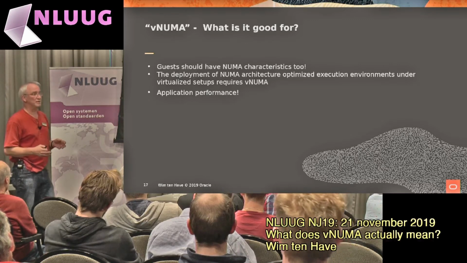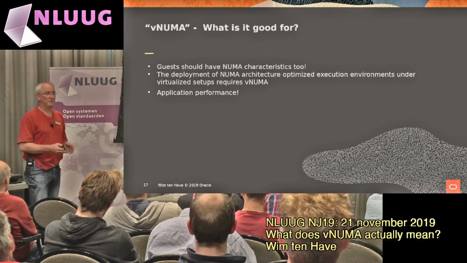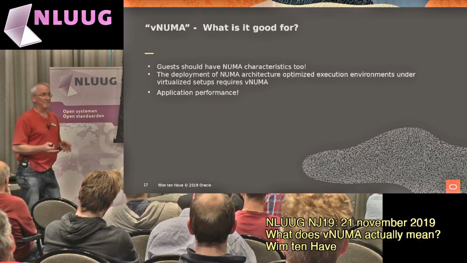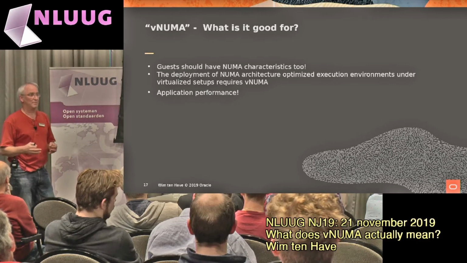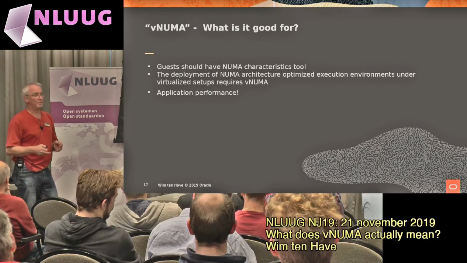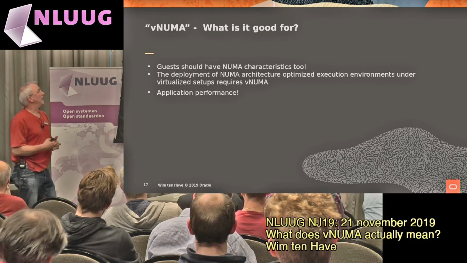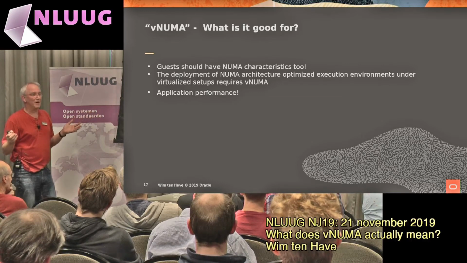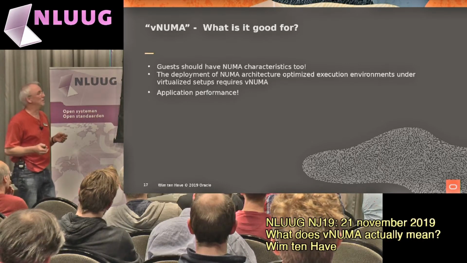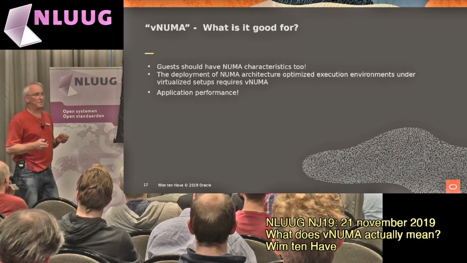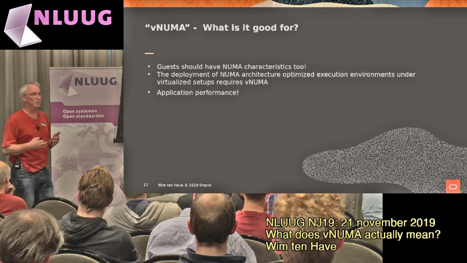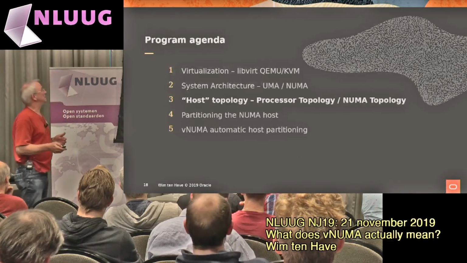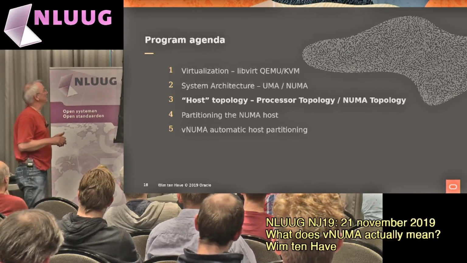And then suddenly people started to virtualize the environments for the cloud, and they moved these database environments into those cloud virtual environments. And yeah, they're back on the NUMA architecture initially. So you need to describe your guest in a vNUMA, or virtual NUMA, fashion. And that's what I'd like to talk about.